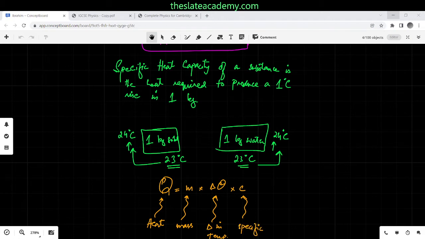First is heat. What is this Q sign for? Q is equal to M times delta theta times C. This is theta over here.